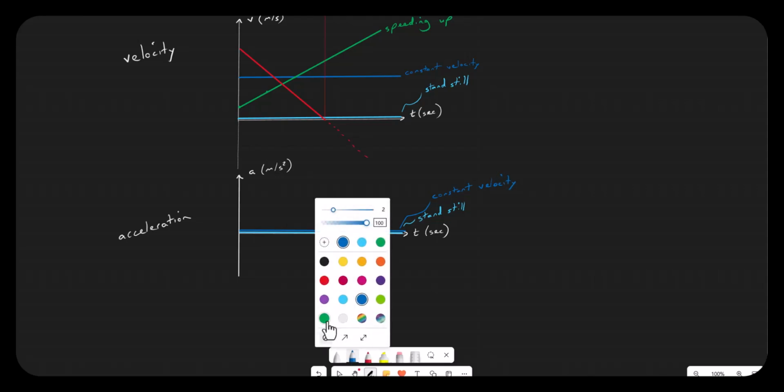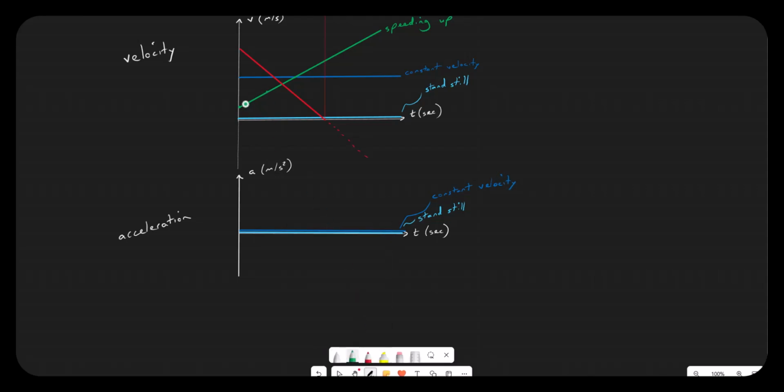Next up, the speeding up graph. I was speeding up, but my speeding up had a constant slope. This graph has a constant positive slope. So I've got a constant positive acceleration. And finally, the slowing down graph. I have a constant negative slope.